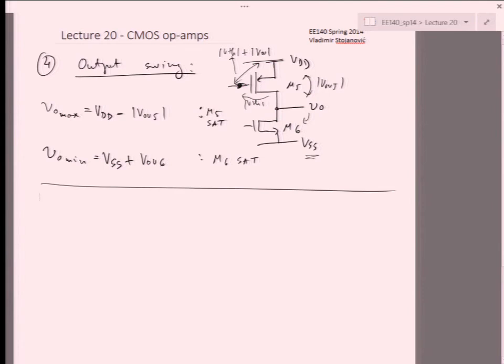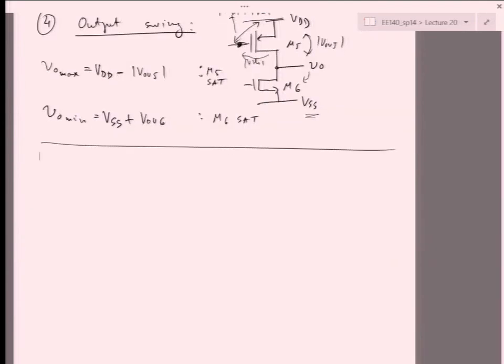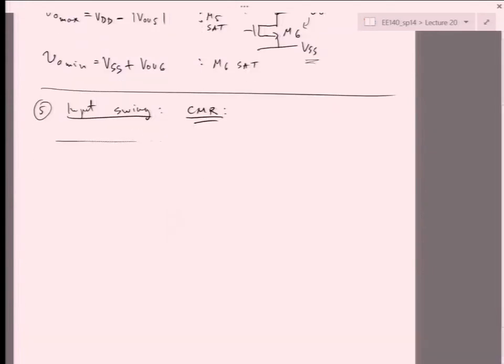The input swing we sort of already did, so I'm just going to quickly jot it down here so you have it for completeness, or maybe ask you what it is.